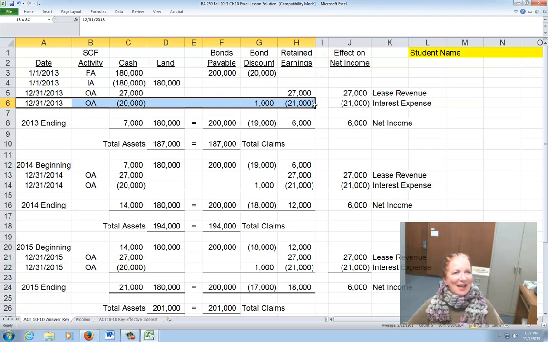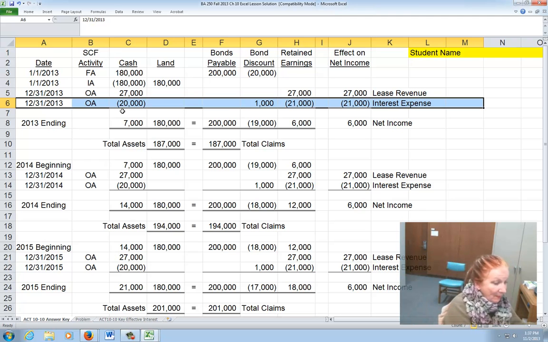Then the other on December 31st is an operating activity, and $20,000 went out in cash to pay our interest on this $200,000 bond. And then remember that the bond is $200,000, and it's a 10% interest.